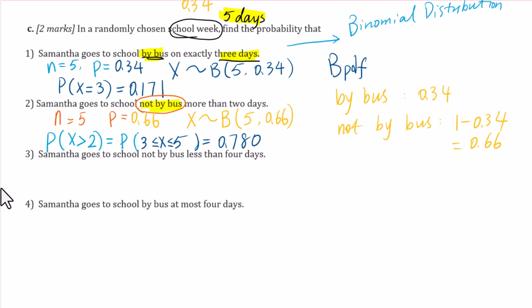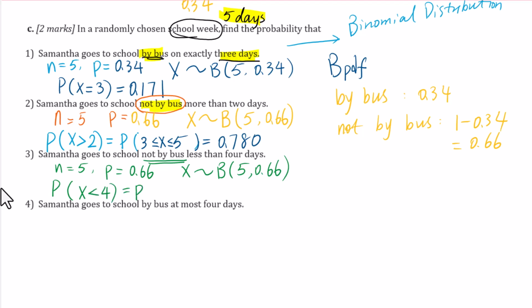Let's go to question 3. Samantha goes to school not by bus less than 4 days. N equals 5. P equals 0.66. X follows binomial distribution with 5 and 0.66 as the probability of going to school not by bus. We are looking for probability of X less than 4. We will change this one into compound inequality.